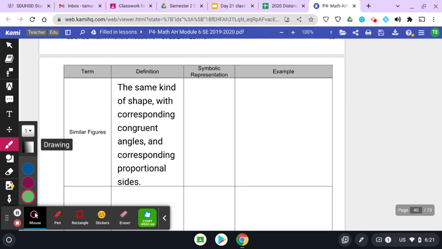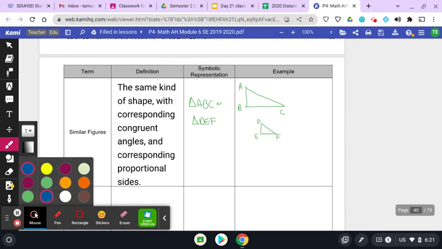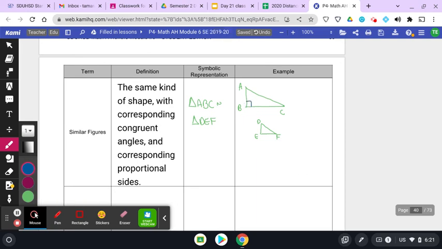Okay, so if I say triangle ABC is similar to triangle DEF, and I draw ABC in this kind of manner, then I'm going to make DEF a little smaller. Okay, I would know that I'm pretending both right angles.